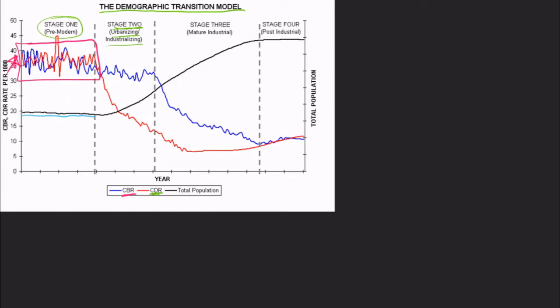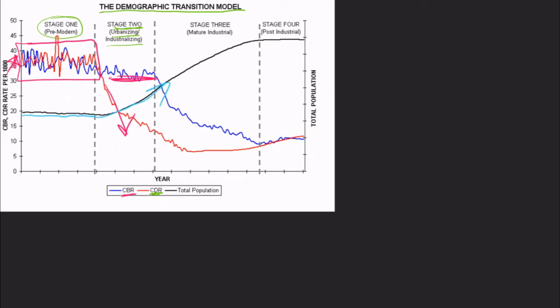With urbanization and industrialization often come more education opportunities, access to improved sanitation, access to improved health care. And so what we begin to see here is the death rate, the red line again, the death rate goes down. But if you look, the birth rate stays high, which leads to population growth.